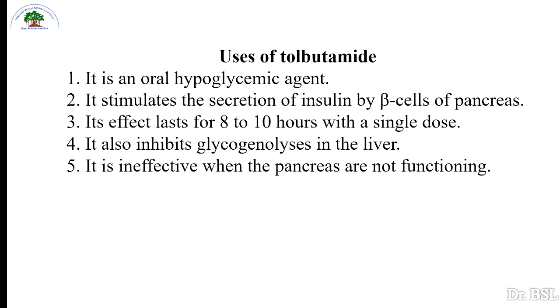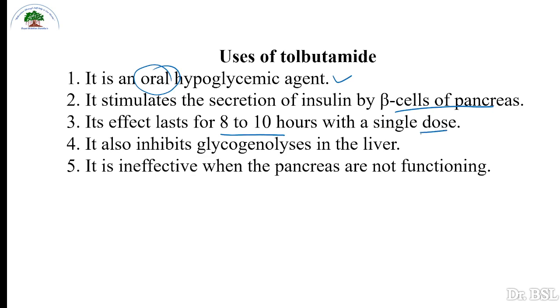Uses of tolbutamide: it is an oral hypoglycemic agent, that is antidiabetic drug which can be taken orally through mouth. It stimulates the secretion of insulin by beta cells of pancreas. Its effect lasts for 8 to 10 hours with a single dose.